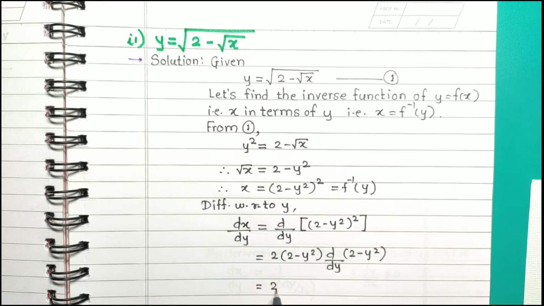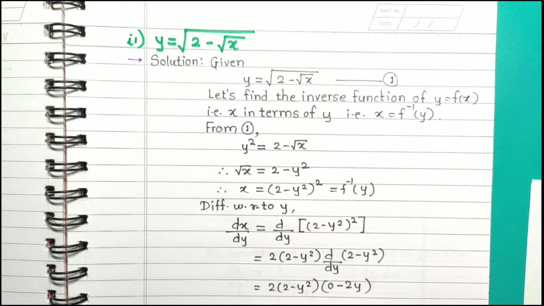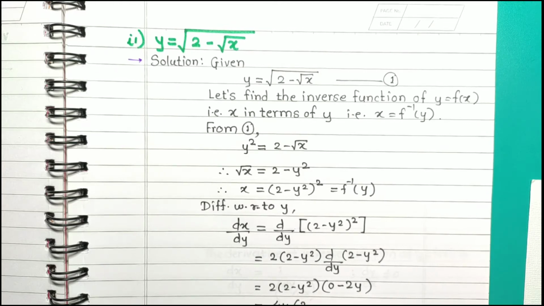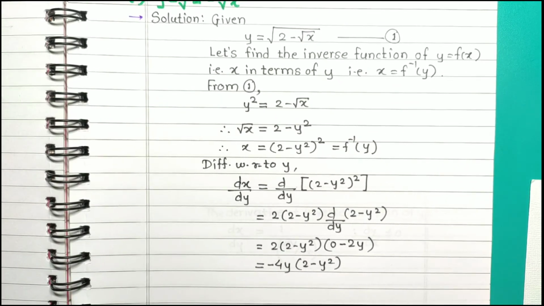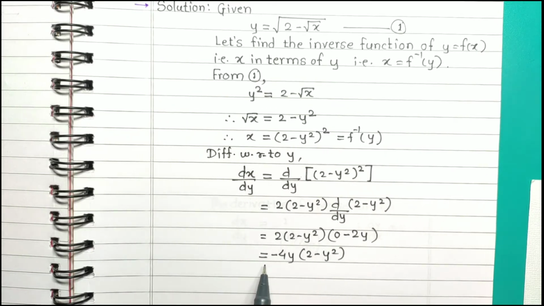So this is 2 into 2 minus y square, and since 2 is constant, its derivative is 0, and the derivative of minus y square is minus 2y. So here we have 2 into minus 2y as minus 4y into this bracket 2 minus y square, and this is dx by dy.